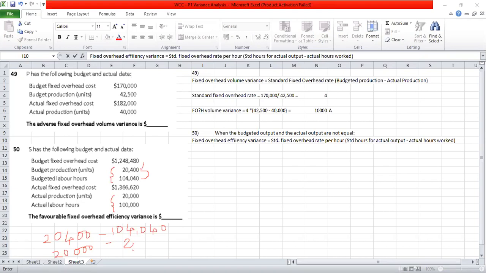Okay. So we can put these details into the equation and then start. There are three variables which are to be known. One is the standard fixed overhead rate per hour. So how much would be the standard fixed overhead rate per hour?